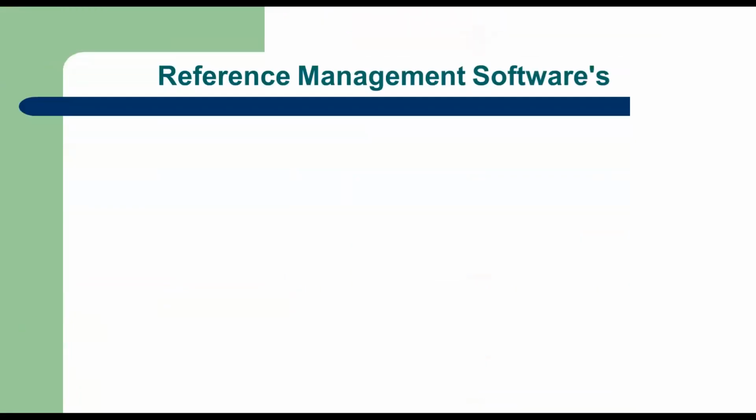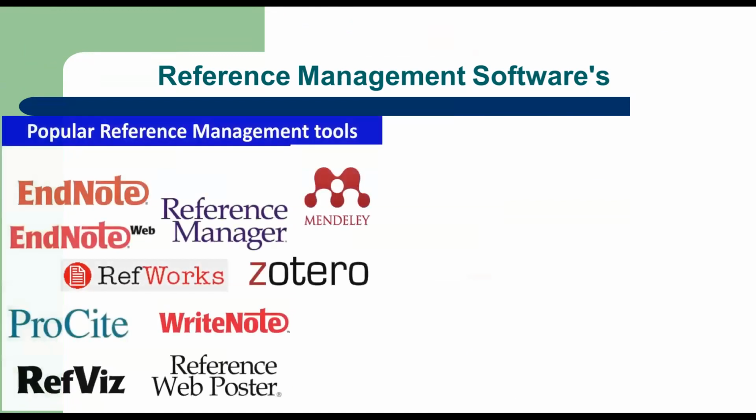Now, there are different reference management softwares available in the market. Which reference management software should we use? There are EndNote, Reference Manager, Mendeley, and Zotero. You have to choose according to your choice.